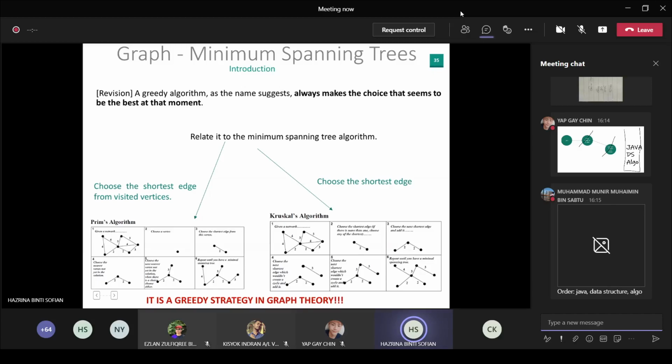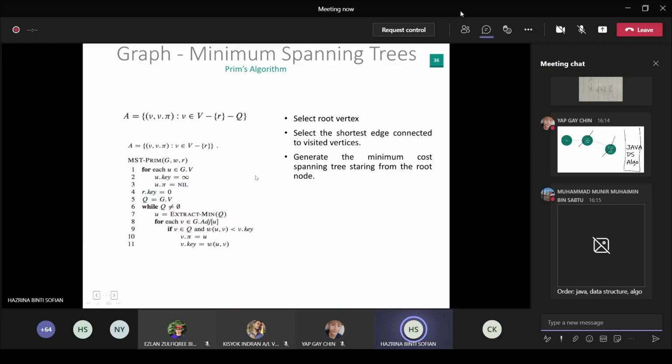So we are going to look at Prim's algorithm. In short, just to summarize it here: first, we need to select the root vertex. It can be given in the question.